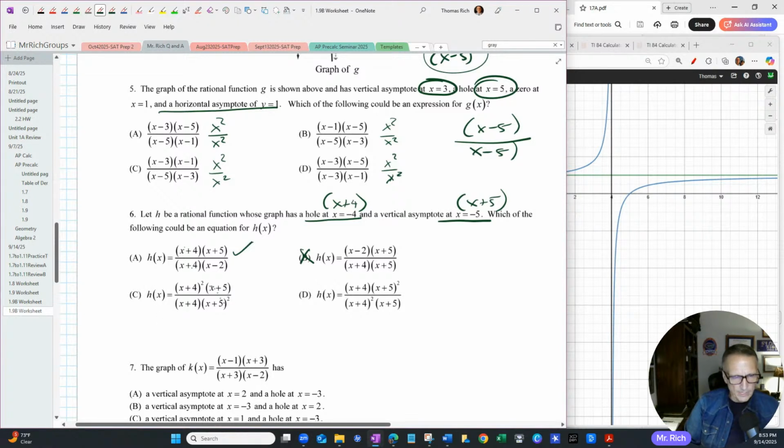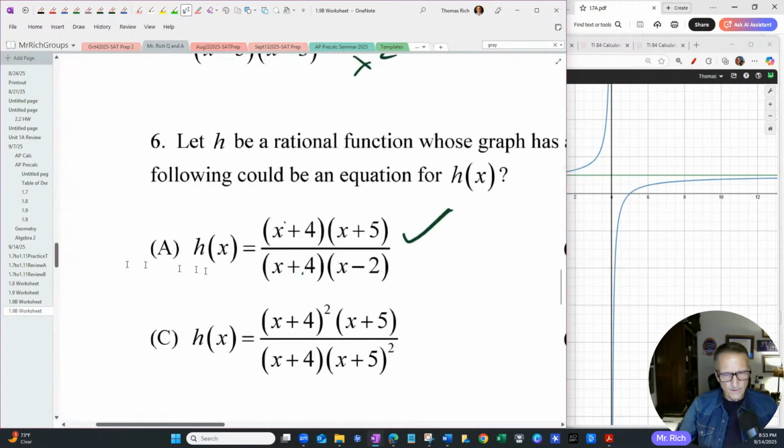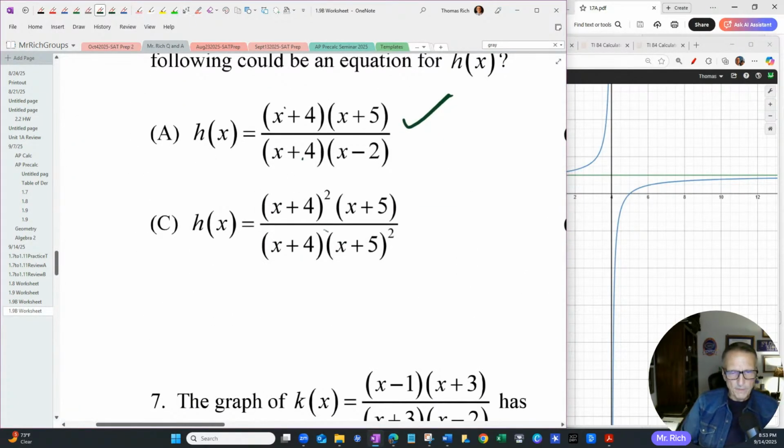Now, here's the interesting thing about C and D. I'm going to zoom in here on answer C. So there is going to be a hole at x equals -4 because this x plus 4 will get divided out by one of the two x plus 4 factors that are in the numerator. That does create a hole at x equals -4.